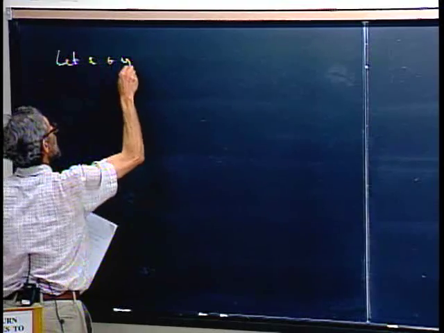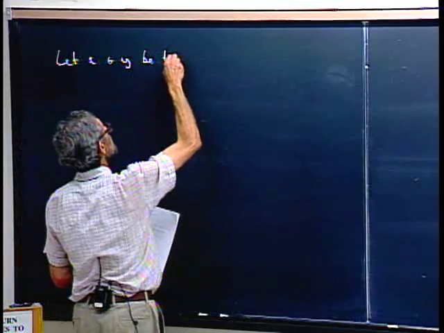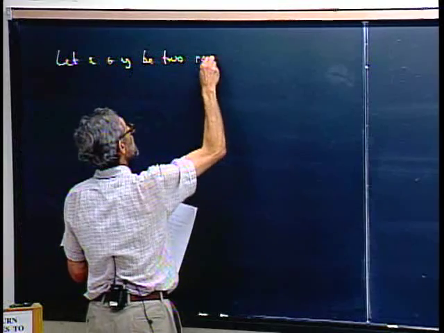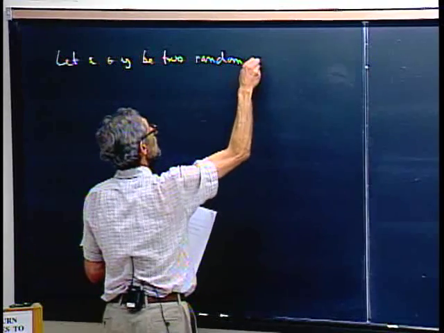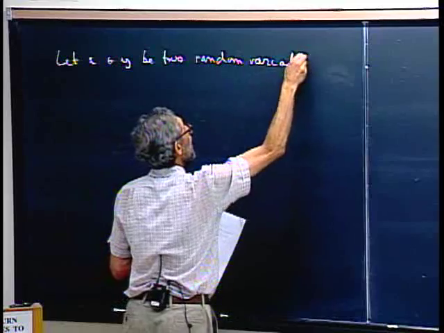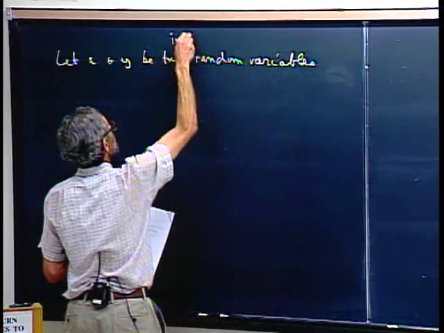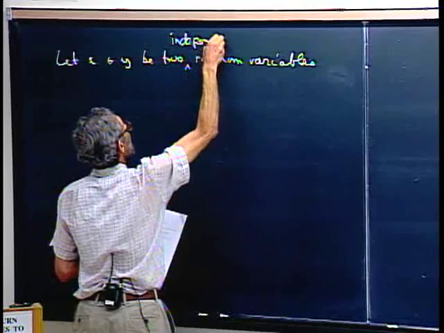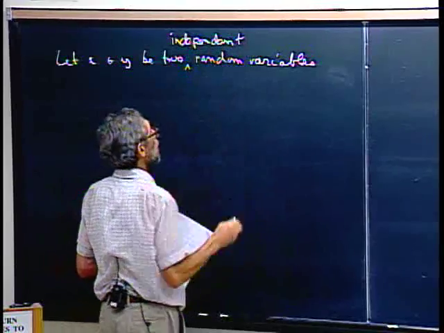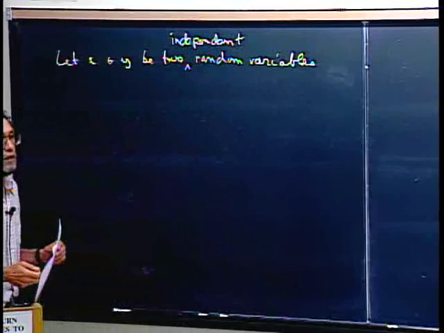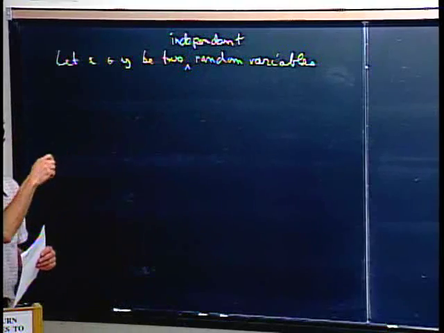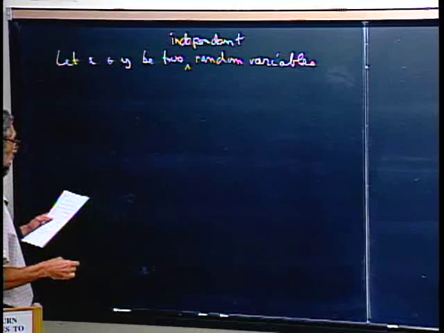Let x and y be 2 random variables, and actually I want them to be independent, where I wrote the definition of independent on the board last Wednesday, and I'll use it in the middle of this, so I'll be repeating it.